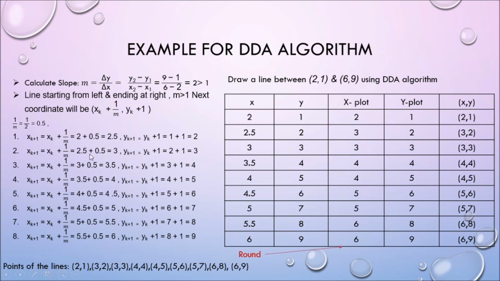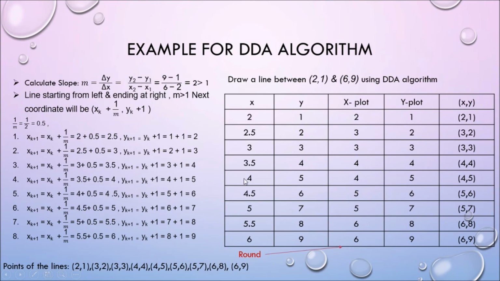So next coordinate of x will be 3, and next coordinate of y will be 3. So we don't need any rounding function here, so we can plot as it is. So our coordinate became 3, 3. Now we will repeat the process, 3.5, 4, and we will round it again, and we will plot it as 4.